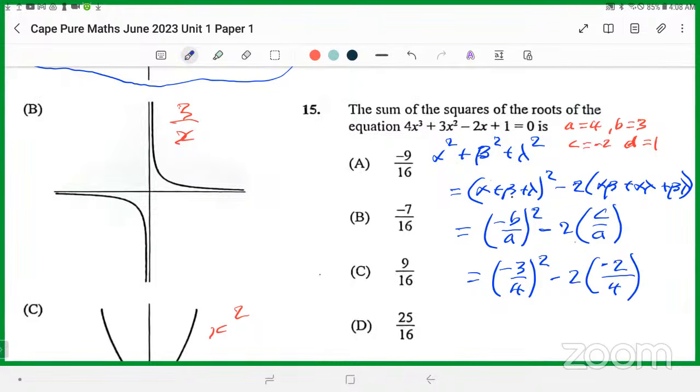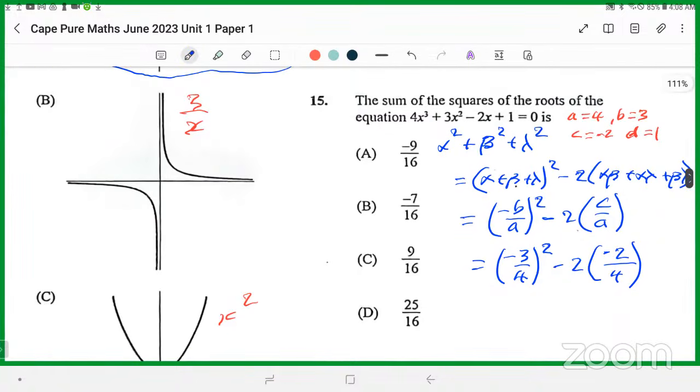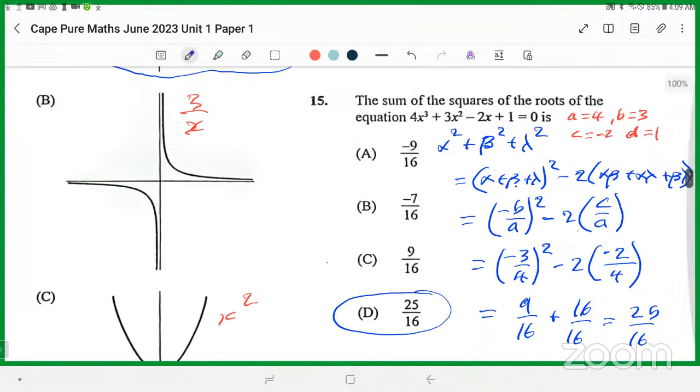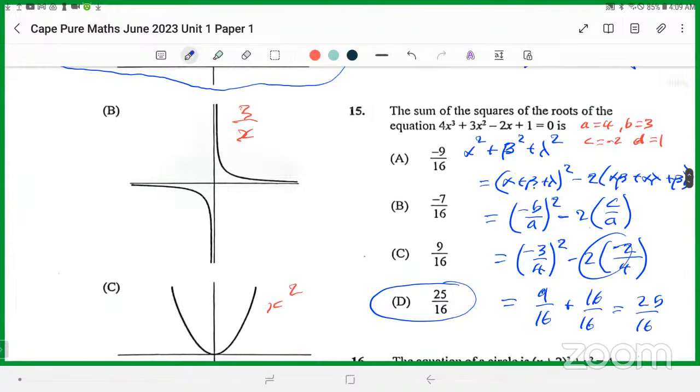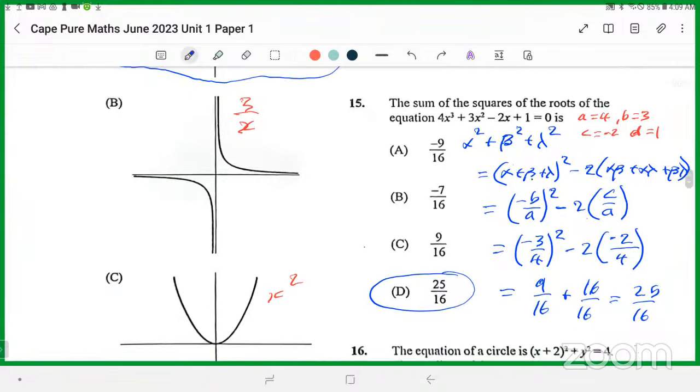I cannot drop that in the calculator, but this becomes 9 over 16, plus this actually becomes 1. But 1 is the same as 16 over 16. So it becomes 25 over 16, which is this last answer down here.